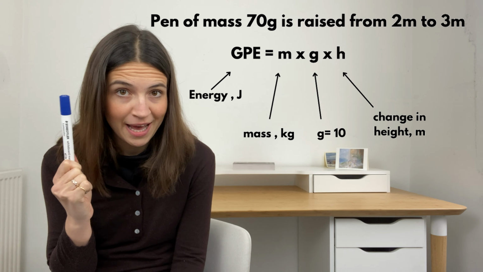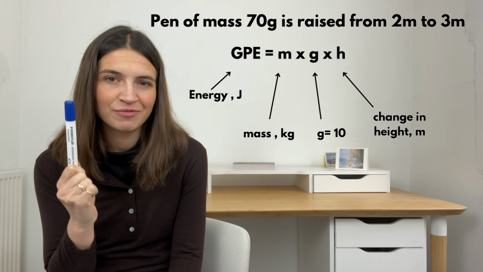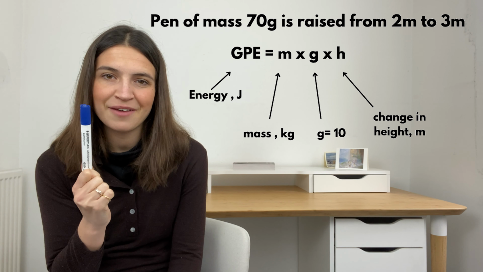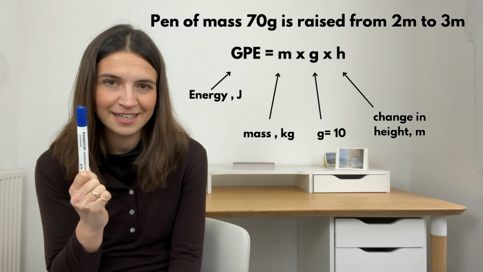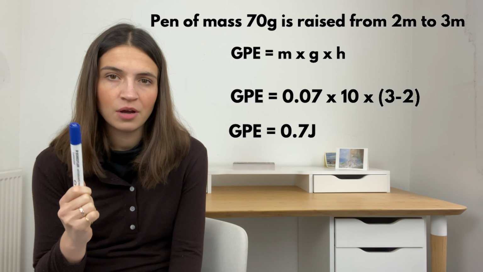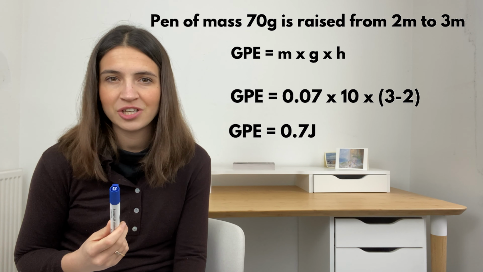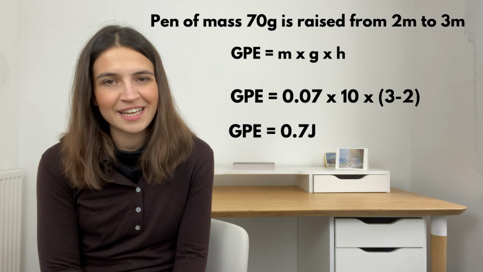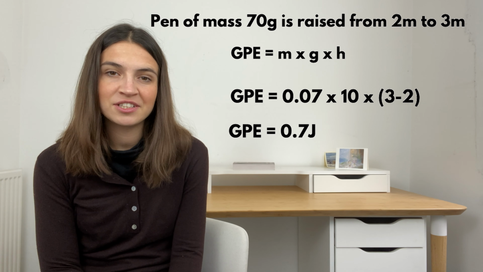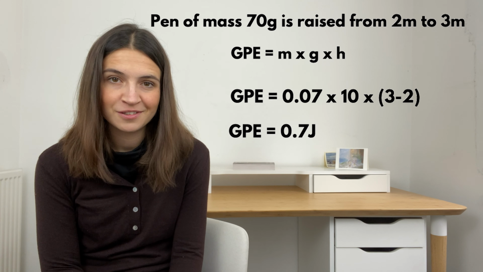So for my pen, the mass was 70 grams, so that's 0.07 kilograms, times 10, multiplied by my height change. Well, it went from 2 meters to 3 meters, so that is a change of 1 meter. So that is an increase in gravitational potential energy of 0.7 joules.